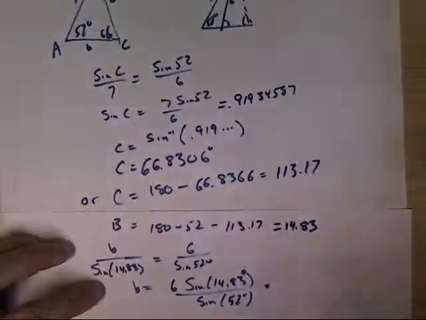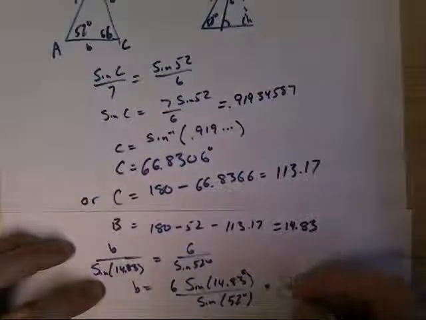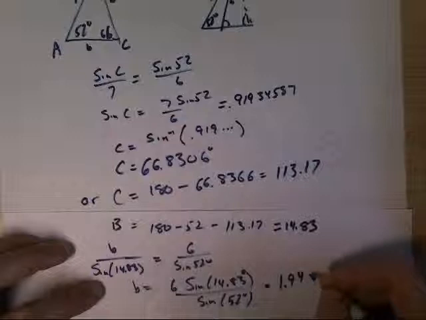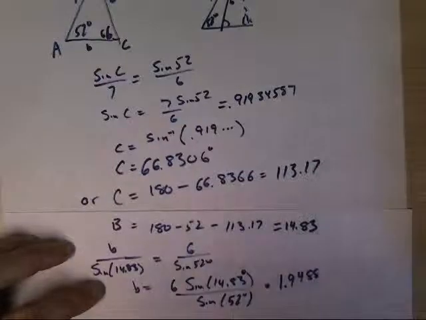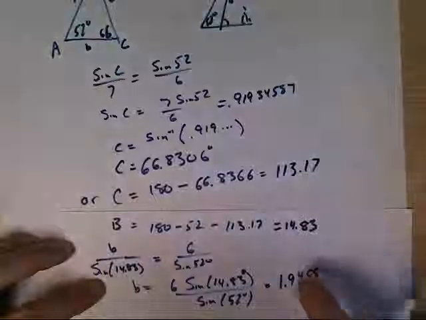And let's do that calculation. 6 times the sine of my previous answer, and then divided by the sine of 52. Yay. And I get 1.9488, whatever. Okay. Definitely smaller than either of those other two sides, 6 and 7.